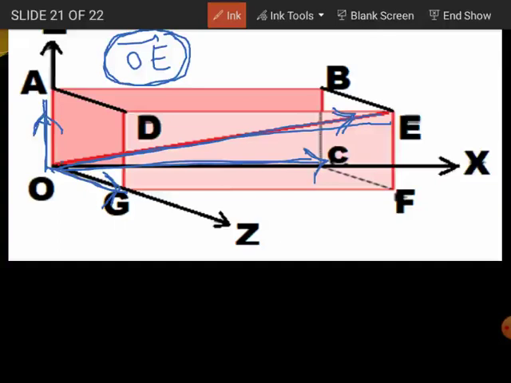The sum of those three components will give you that given vector. Okay, that is all about it.